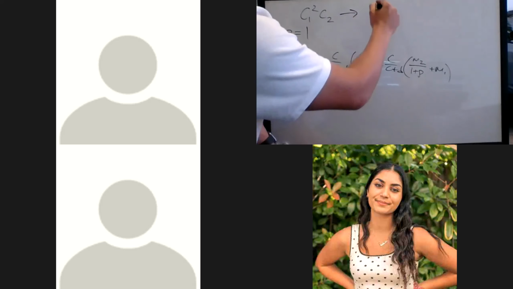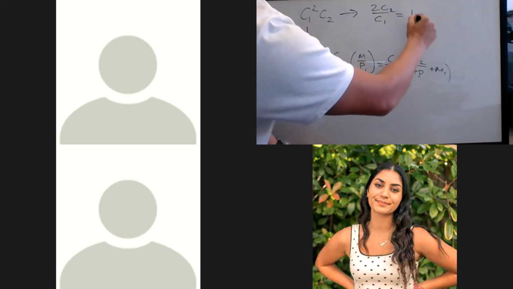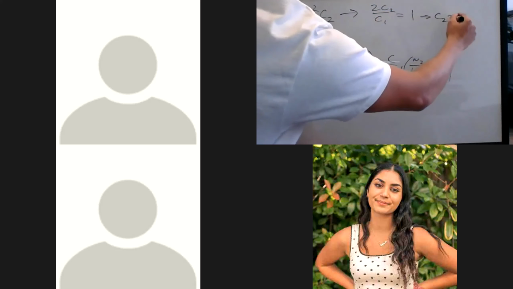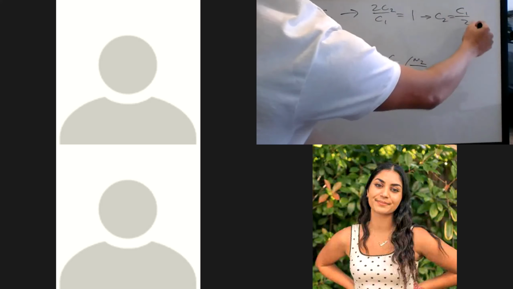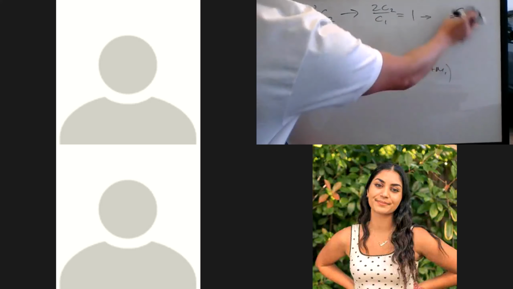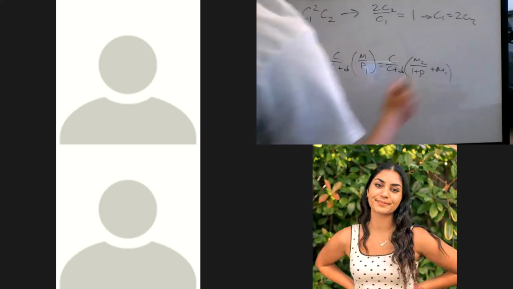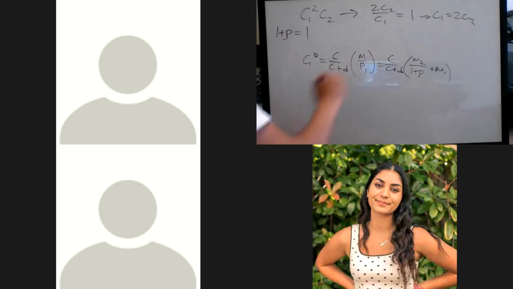And so we get that 2C2 over C1 is equal to 1, which means that C1 equals 2C2. And so we have that 2C2 plus C2 equals M1 plus M2, because 1 plus rho is just 1.